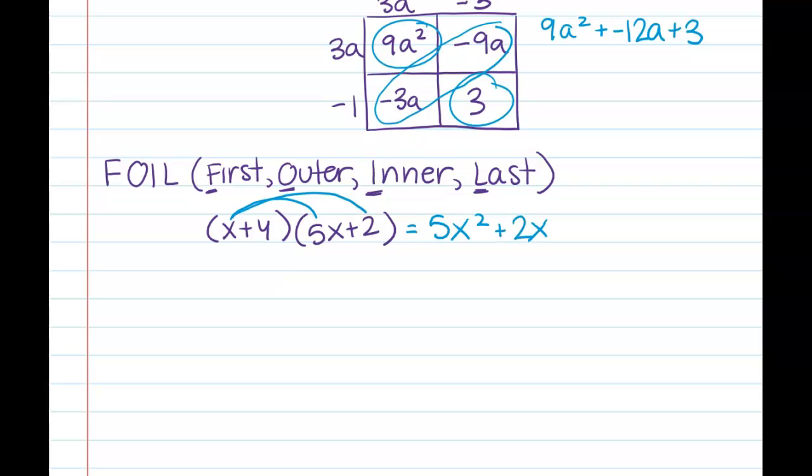So plus 2x, plus the inner, which is 4 times 5x, plus the last terms multiplied together in each, 4 times 2, which is 8. The first, outer, inner, last is fine, but essentially every term in each binomial has to be multiplied by each term in the other binomial. So then if we simplify a little bit, 5x squared, 2x plus 20x is 22x plus 8.